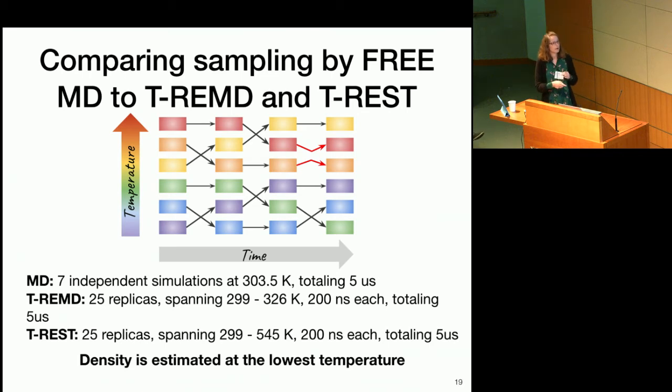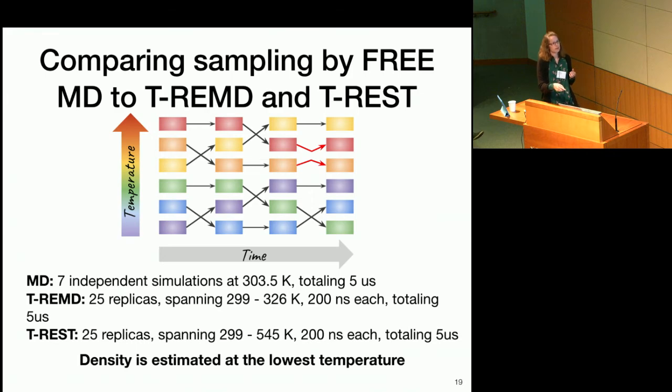In the case of replica exchange solute tempering, I mentioned briefly before, what is done is that only the solute is heated as opposed to the entire system. And this allows to span a temperature range that is much higher than in the case of replica exchange MD. And this then allows to overcome free energy barriers that would be much higher.